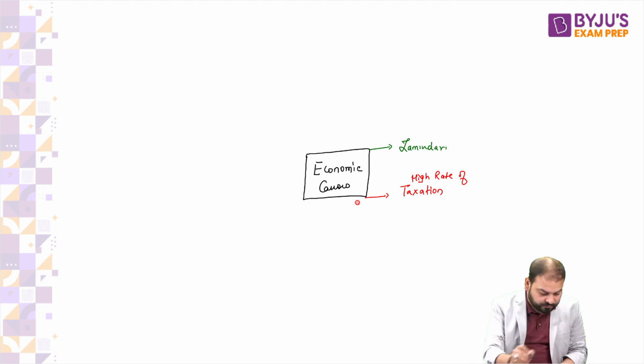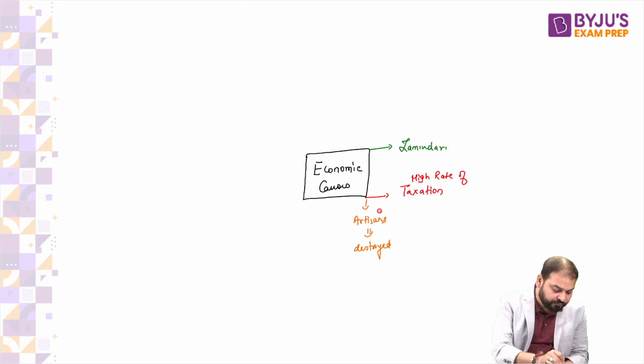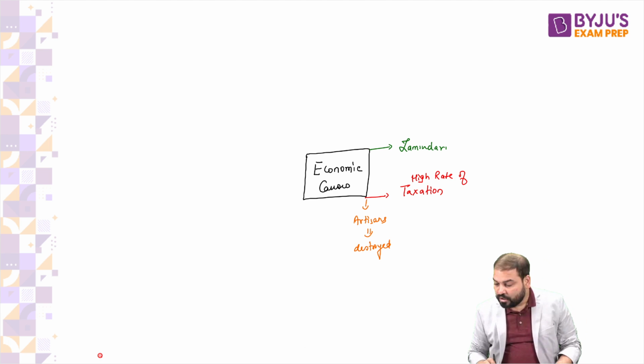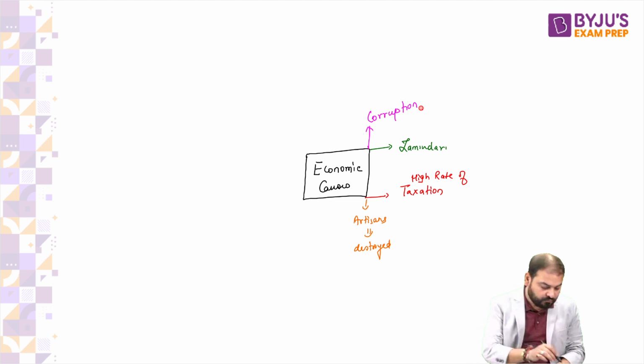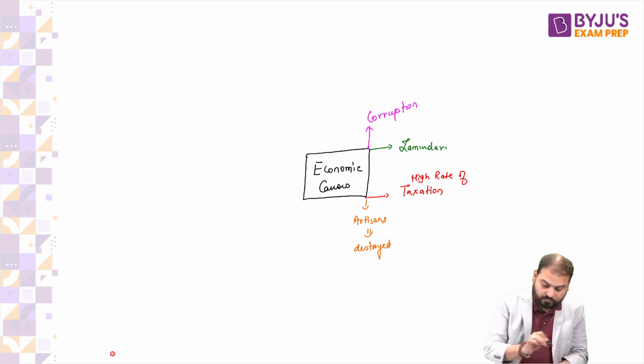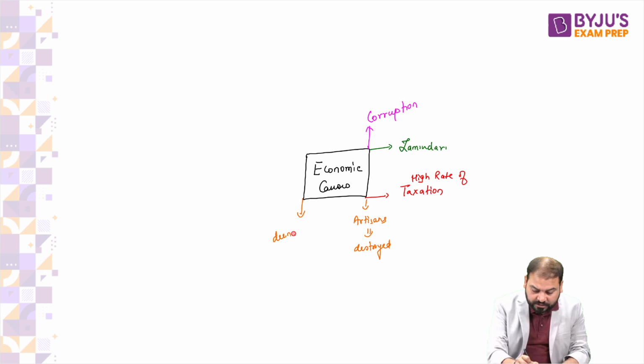Kibria says artisans had been destroyed. Siddhant says corruption was one reason. Any other? Krishna says deindustrialization.